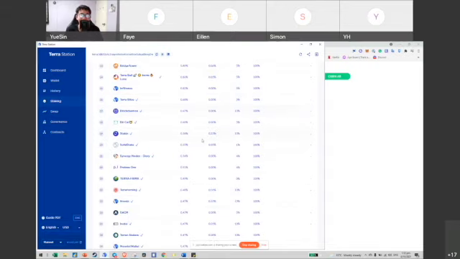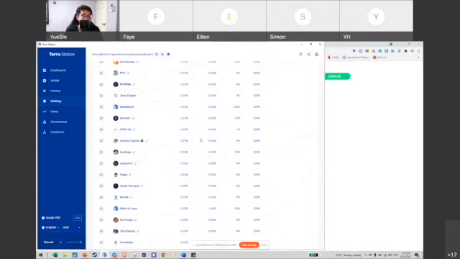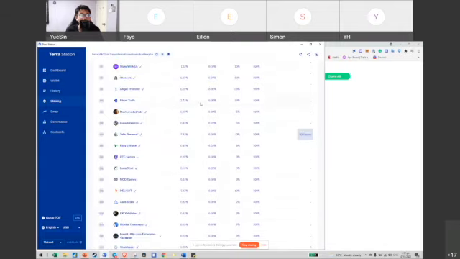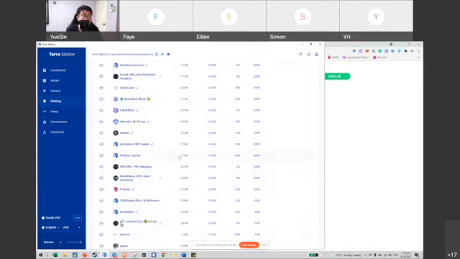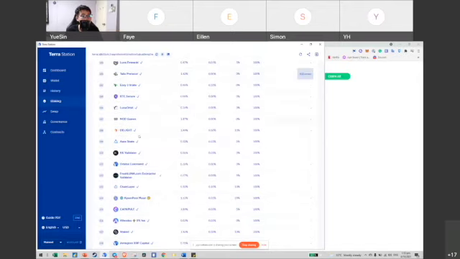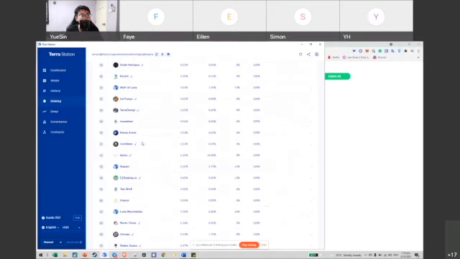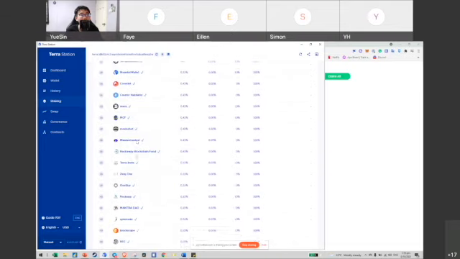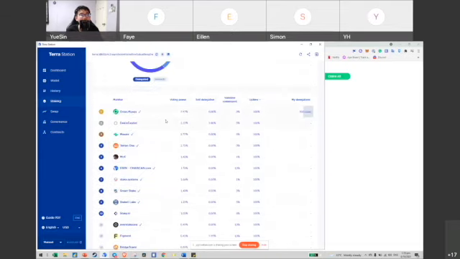Also, with some of the validators, if you stick with them, you actually get extra airdrops. For example, right now I'm sticking with Neptune Finance. When you stick with them, you will have more airdrops from them. Nexus Protocol is also giving their tokens, and the other one is Orion. Orion is over here, the first one.